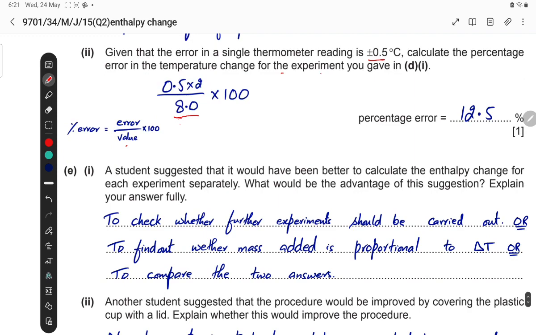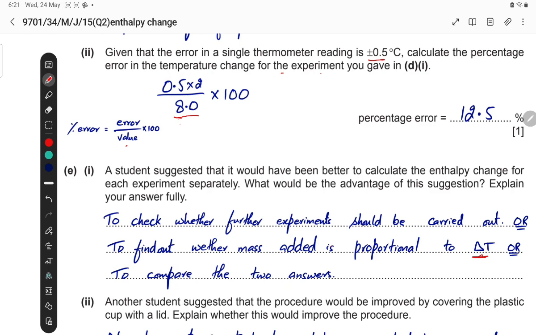A student suggested that it would have been better to calculate the enthalpy change for each experiment separately. What would be the advantage of this suggestion? Explain your answer fully. To check whether further experiments should be carried out, or to find out whether mass added is proportional to delta T, or to compare the two answers.